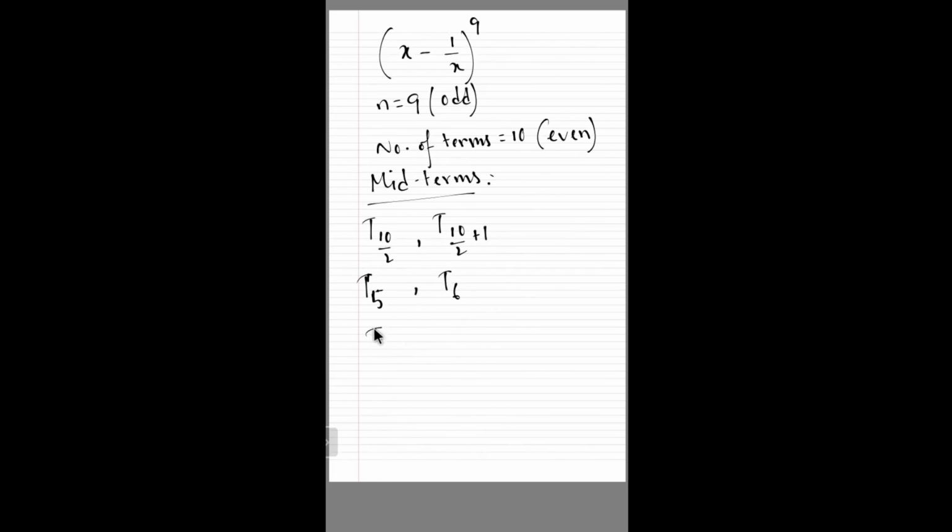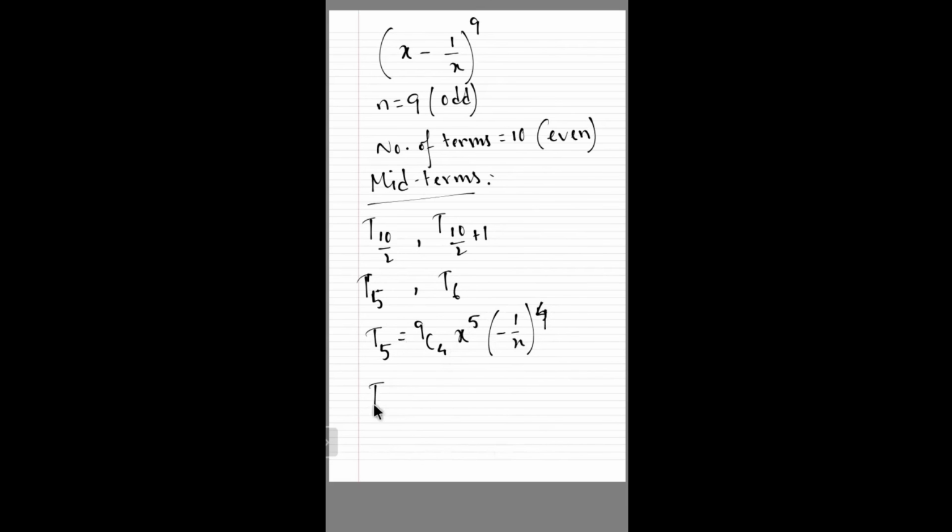So when you are finding T5, it's very simple: 9C4 x to the power 9 minus 4, that means 5, and the next part will be (minus 1/x) to the power 4.